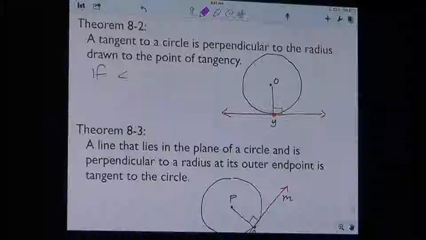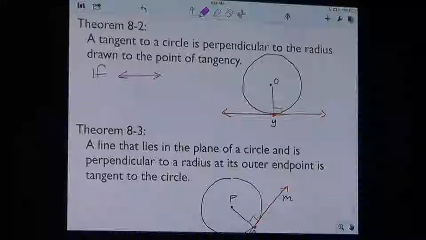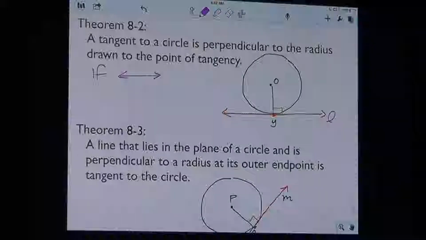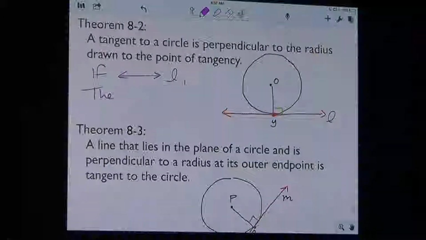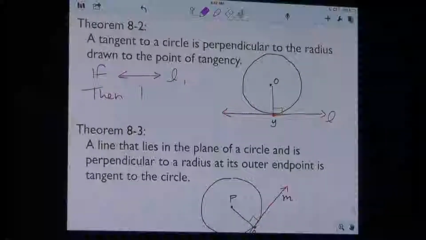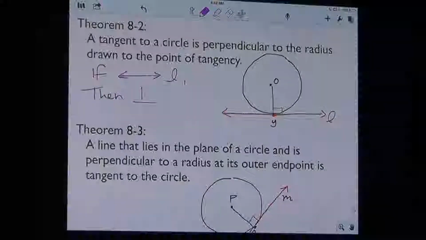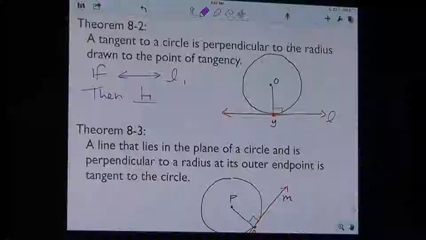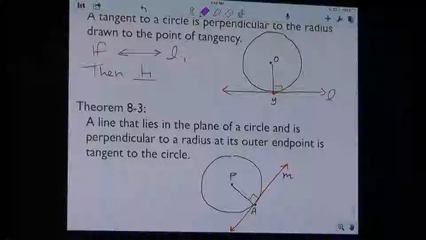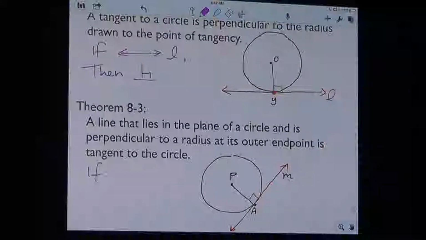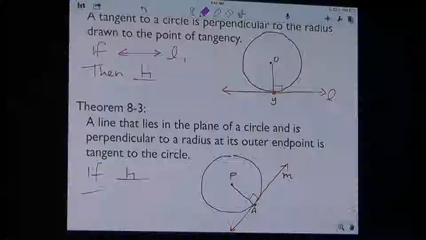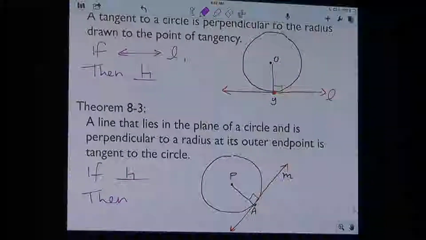So if you have line, and I didn't put enough information there, let's call it line L, then it's perpendicular. And then the other one is if it's perpendicular, then it's a tangent.